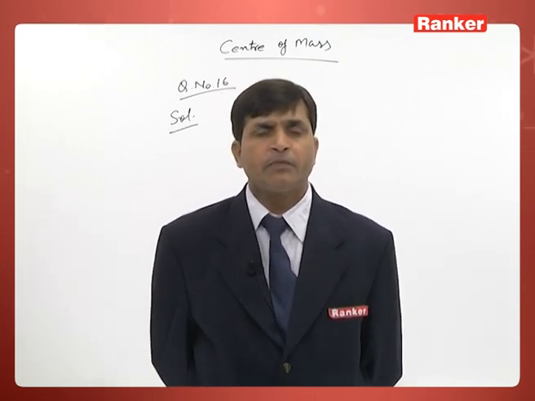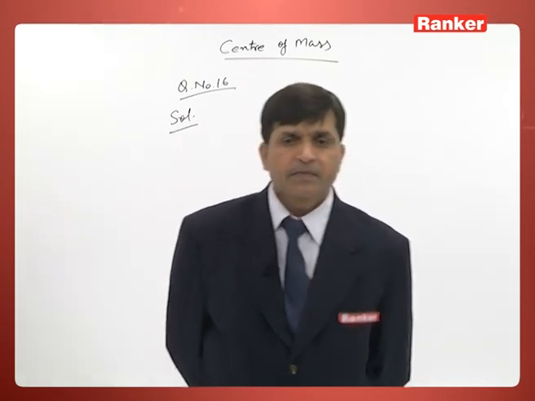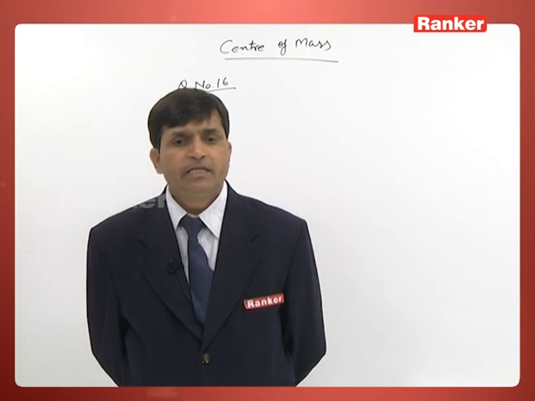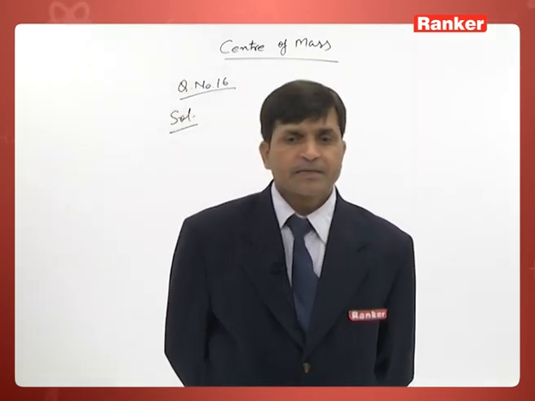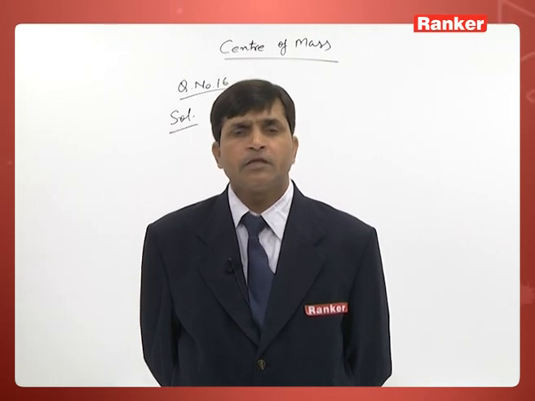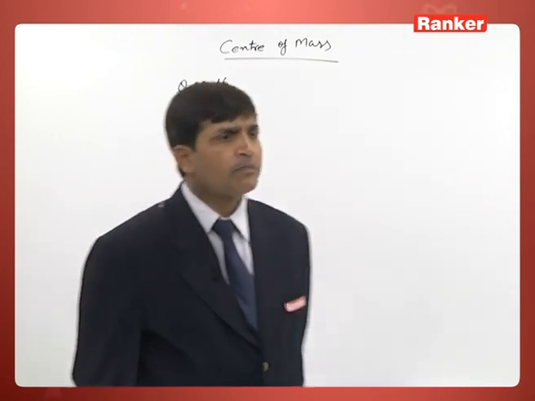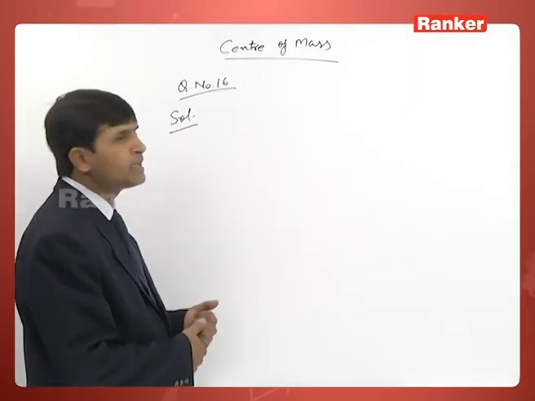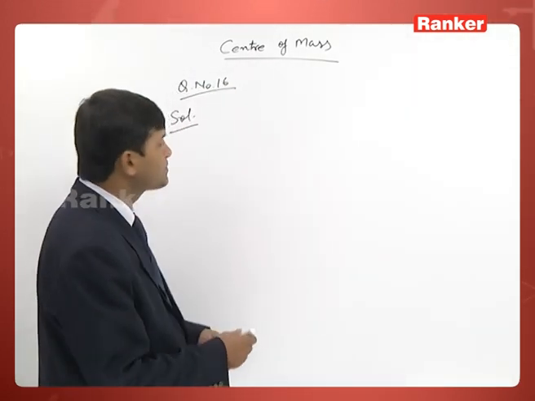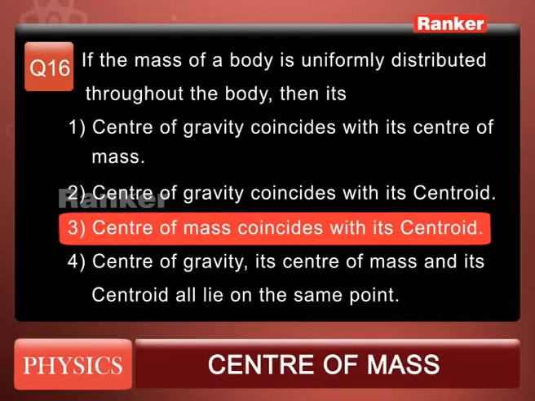The center of gravity coincides with the center of mass only when the g value is uniform, but the center of mass will always be at the centroid of the body. So option number 3 is the correct answer.